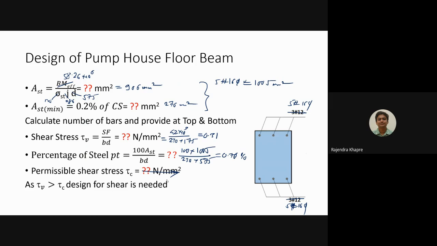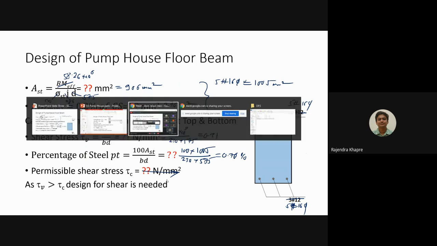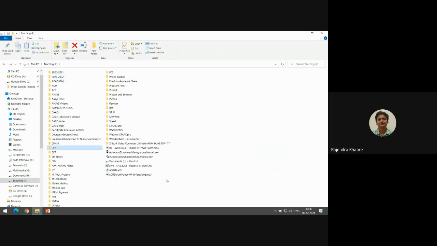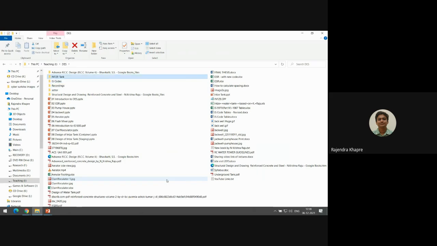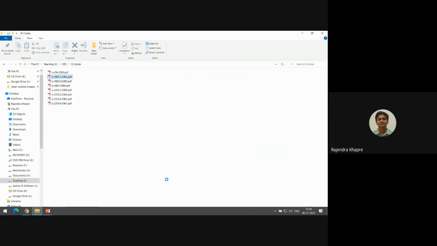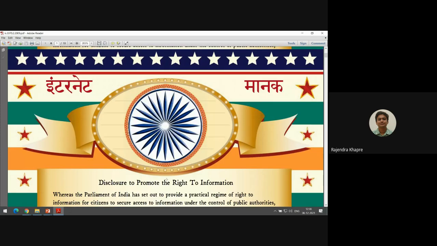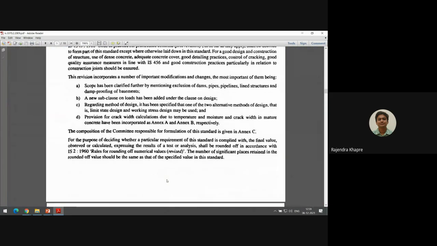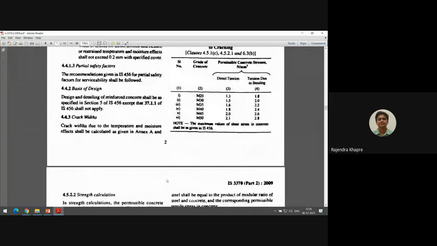Yes, anyone has a IS code? है IS code किसी के पास? Otherwise I will have to open the IS codes. It is 0.76, so let us keep 0.75.